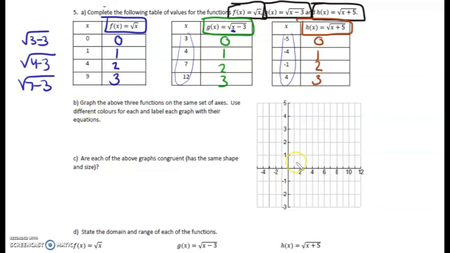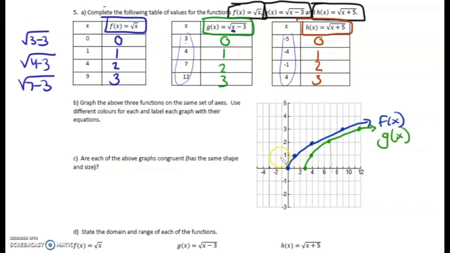Okay, so for the first one, the original function, just like the root function, this one's going to be memorized in no time. Now we're going to go 3, 0, 4, 1, 7, 2, 12, 3. And this is going to be g of x.